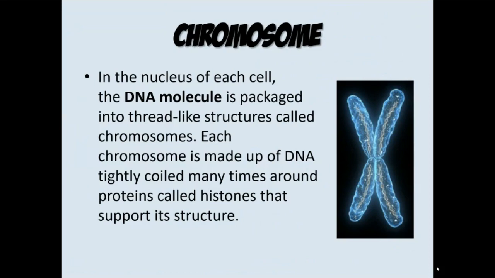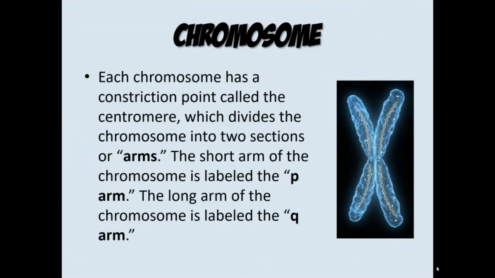When the cell is not dividing, however, the DNA that makes up chromosomes becomes more tightly packed during cell division and is then visible under a microscope. Most of what researchers know about chromosomes was learned by observing chromosomes during cell division. And then, each chromosome has a constriction point called the centromere, which divides the chromosome into two sections or arms.